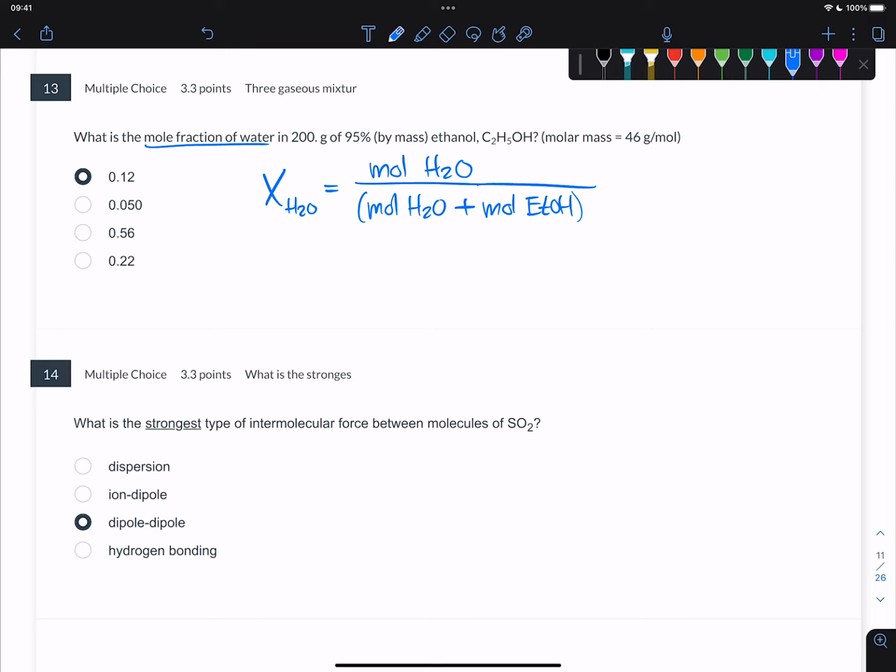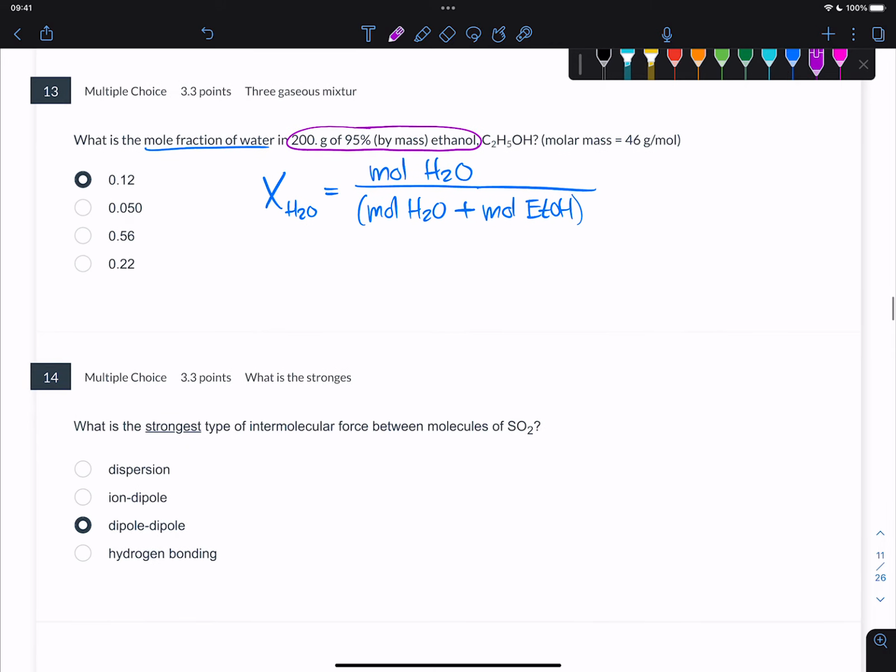Now, because they're ratios, you can play around with the numbers as long as you don't break any rules of math. So since it says there's 200 grams of 95% by mass, what that really means is if there are 200 grams of solution, then 190 grams of that solution are the ethanol.